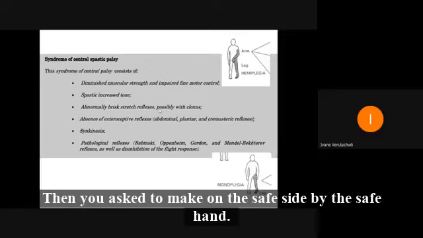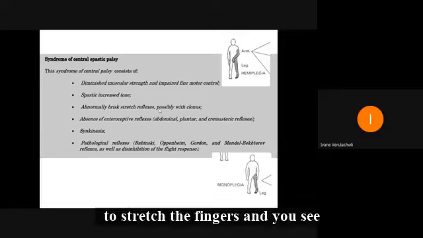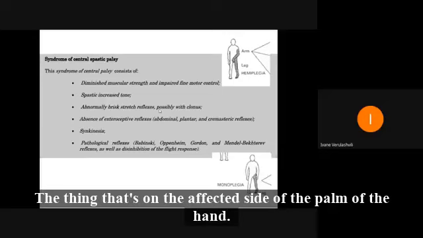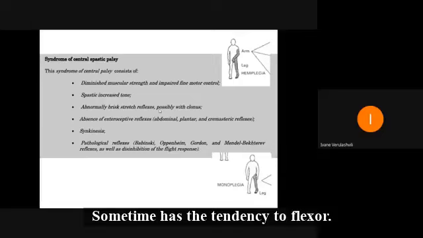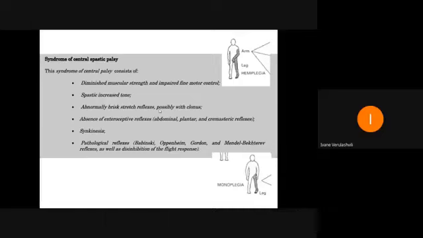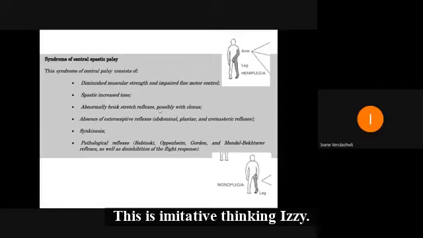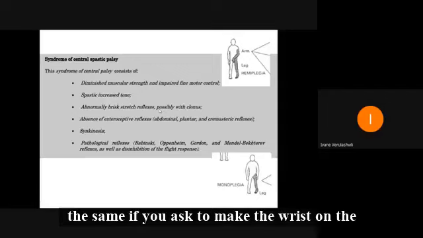Then you ask to stretch the fingers with the safe hand on the safe side. And you see that the fingers of the palm of the hand on the affected side sometimes have a tendency to flex. This is imitative synkinesia.